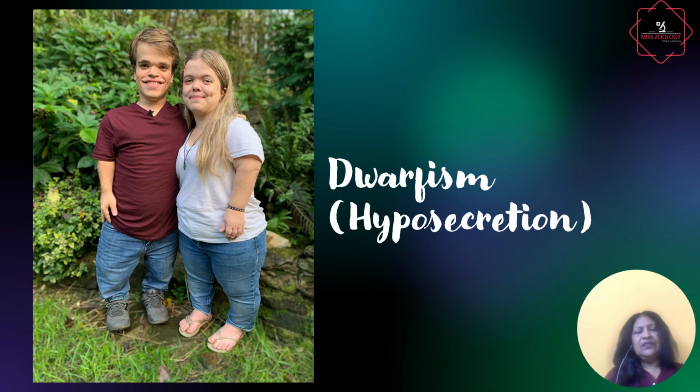Here you can see the image of two dwarfs. They are adults, but their height is like that of a child. This is because of the hyposecretion of growth hormone leading to dwarfism. There are instances which bring about other disorders in the body due to some other hormone which is not secreted in the correct amount.